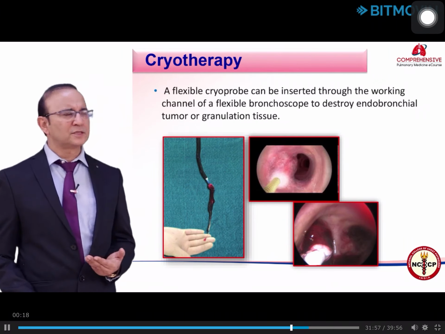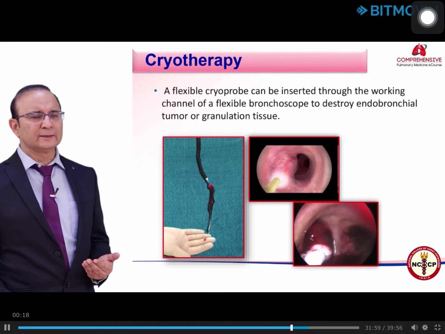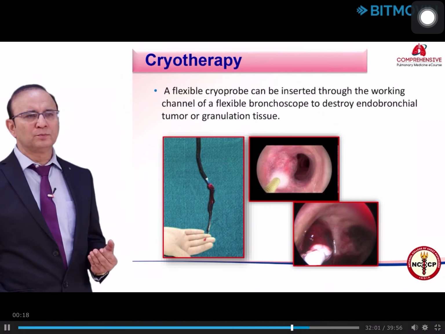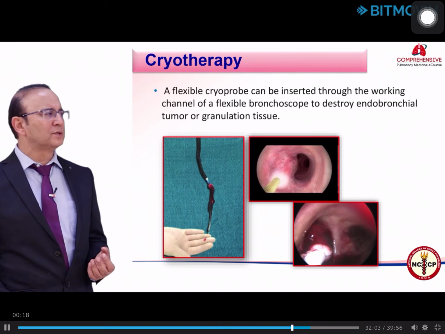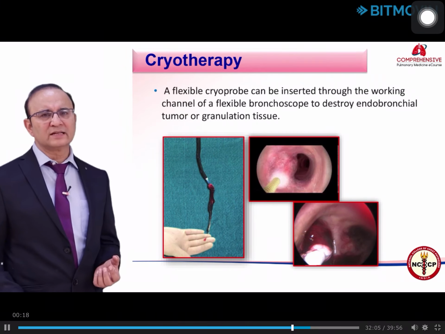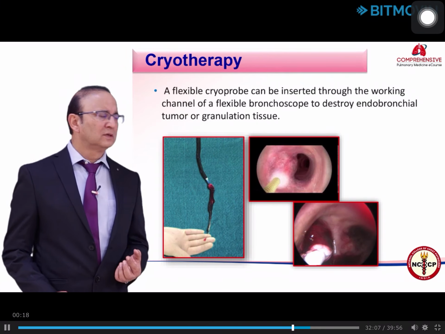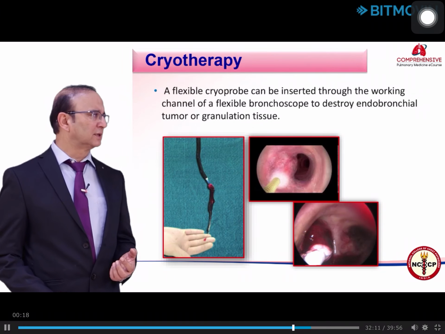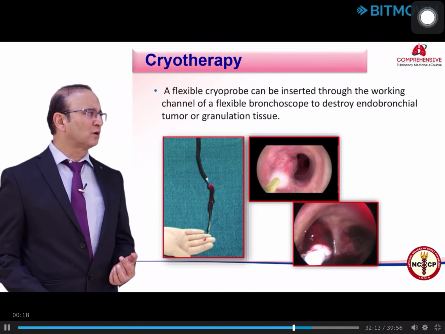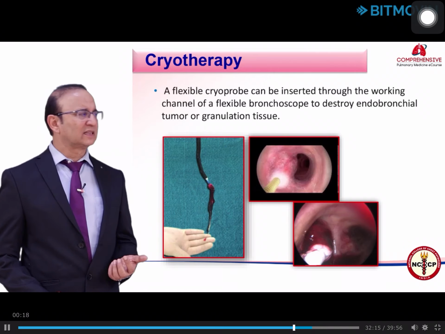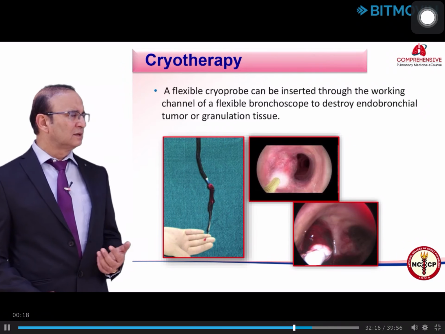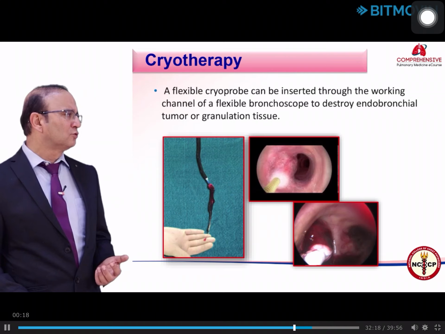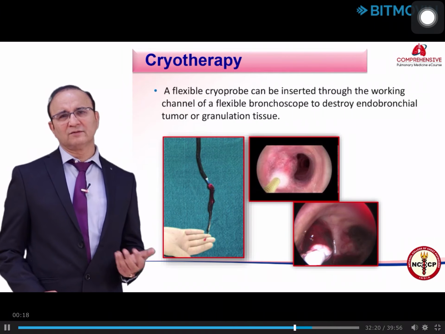As liquid oxygen passes through the catheter, the metallic tube of the probe is cooled, and when placed in contact with the target tissue, this causes protein denaturation, leading to cellular death. The tissue is destroyed by repeated freezing and thawing, and it's often used to remove certain foreign bodies that have an organic content.